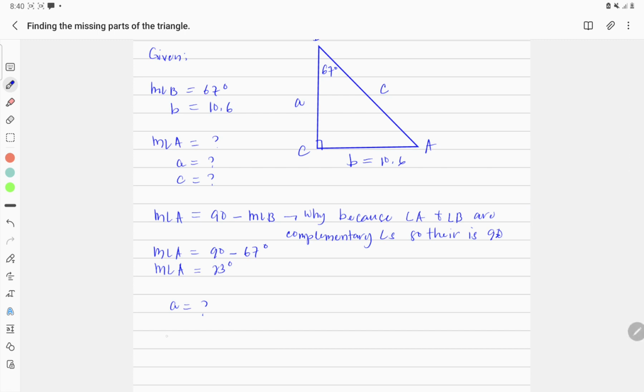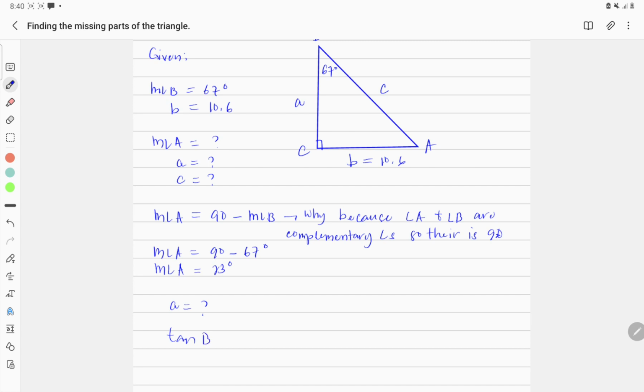Cosine B is equal to adjacent side over the... no. We will not be using the cosine. Instead, we will be using the tangent, opposite and adjacent.